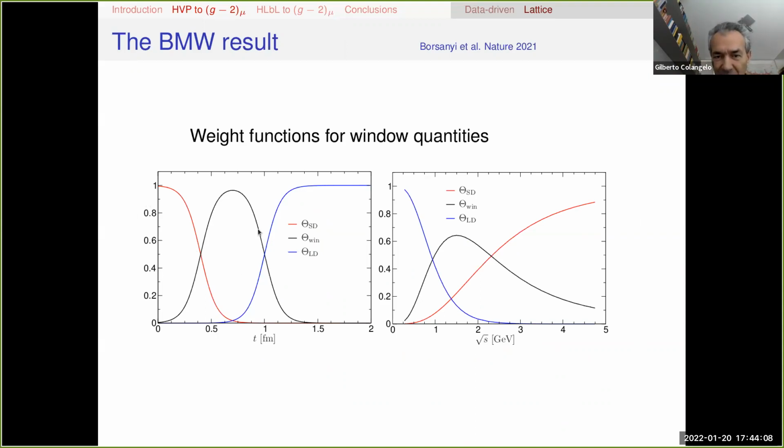And these 3 weight functions are shown here. Okay, so the window quantity is the one obtained with the black weight function.